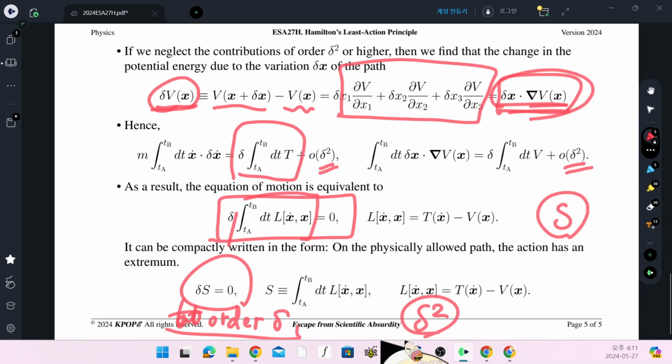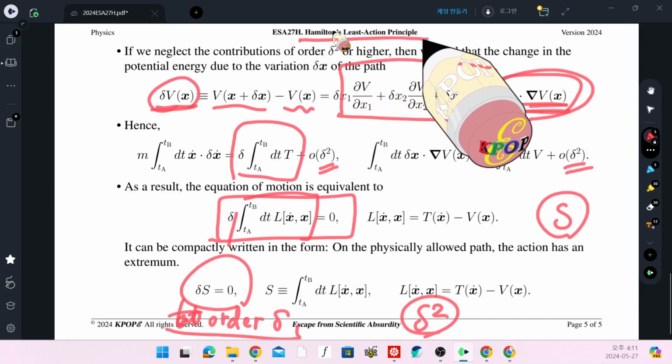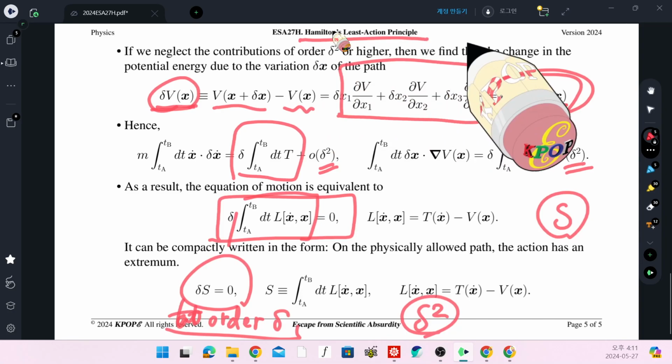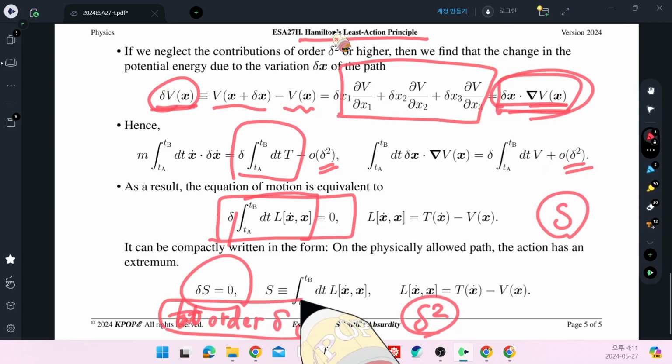Therefore, Hamilton's least action principle is true only for a free particle, but the action is an extremum. So the extremum condition is true in every case, at order delta instead of order delta squared or higher.